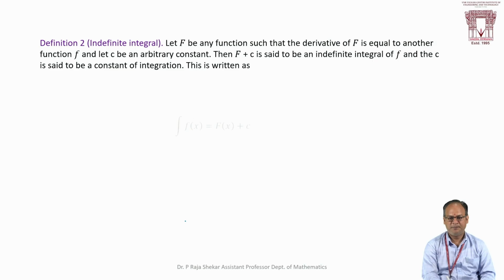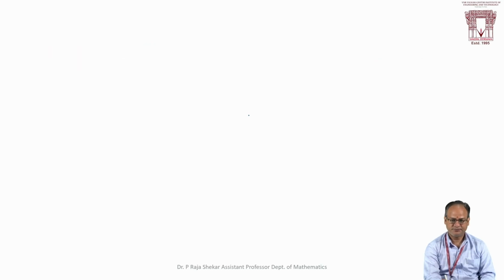Then F plus c is said to be the indefinite integral. So the integration of f of x is equal to capital F of x plus c. This is called the integral of this function. Due to some error, we add some arbitrary constant to it.